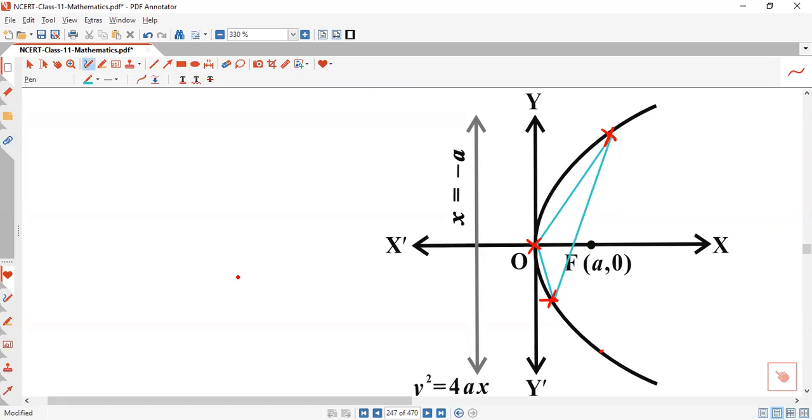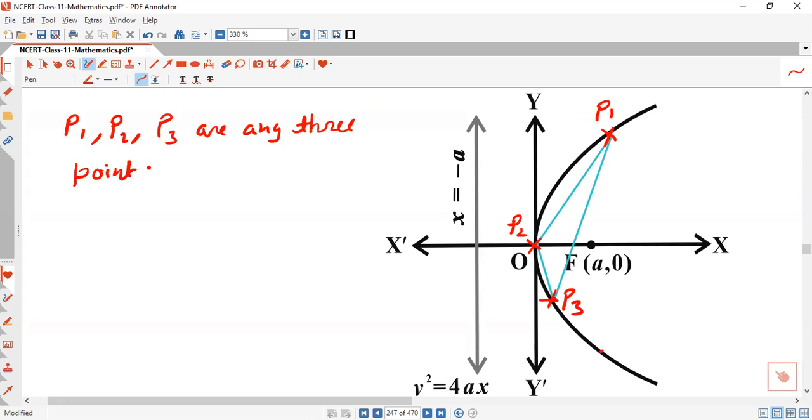So P1, P2, P3 are any 3 points on the parabola y square equal to 4ax.